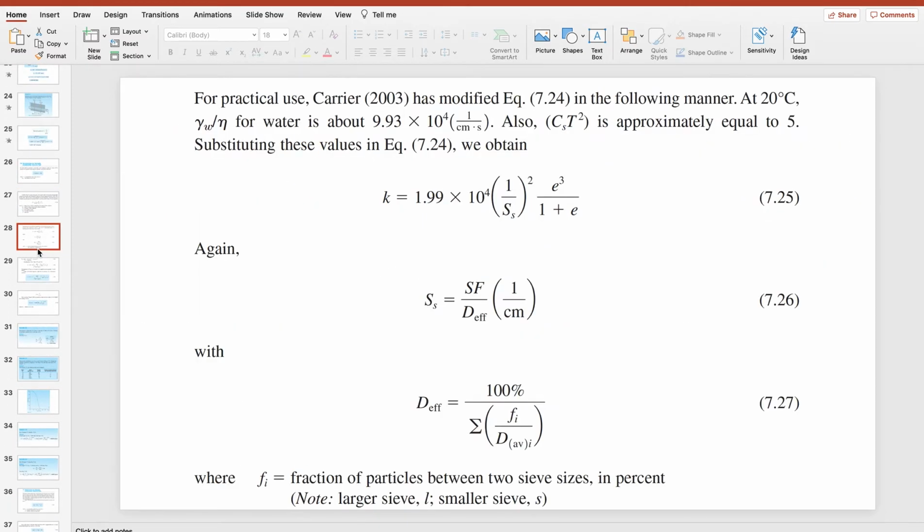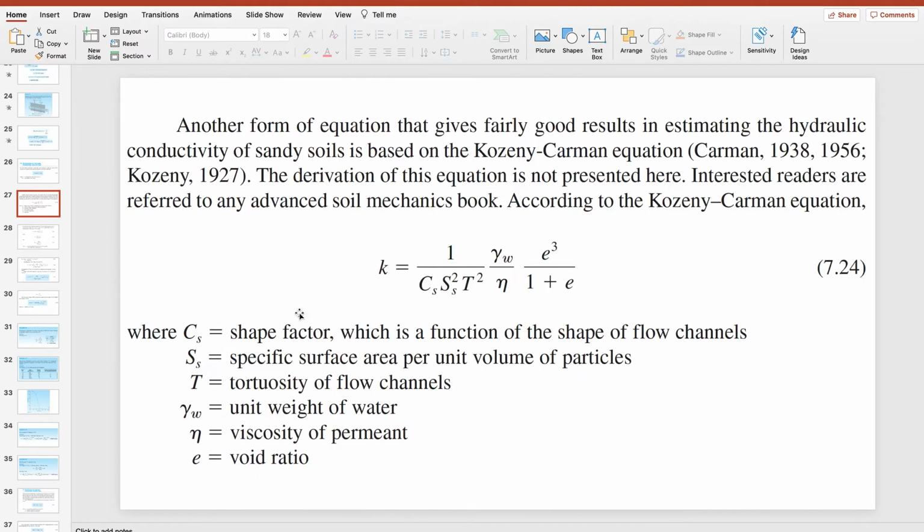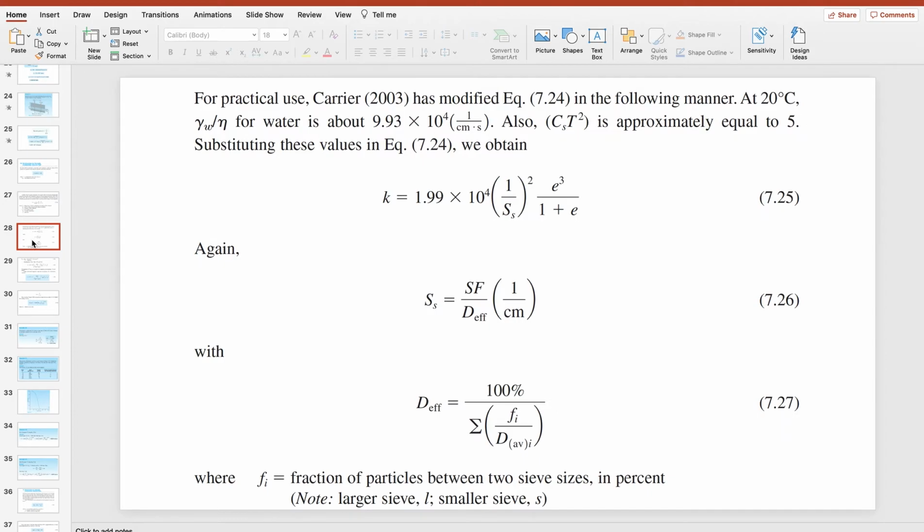For practical use, Carrier has modified equation 7.24. At 20 degrees Celsius, the unit weight of water divided by the viscosity for water is about 9.93 times 10 raised to negative 4 per centimeter second.